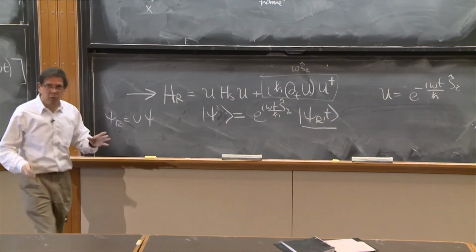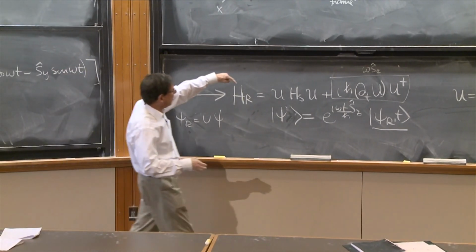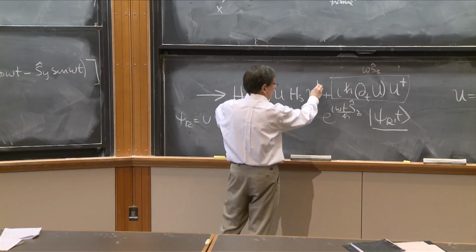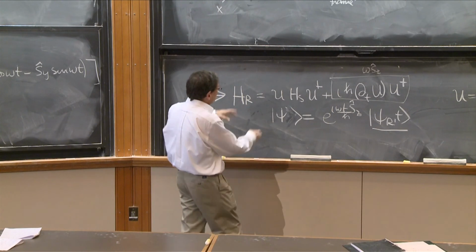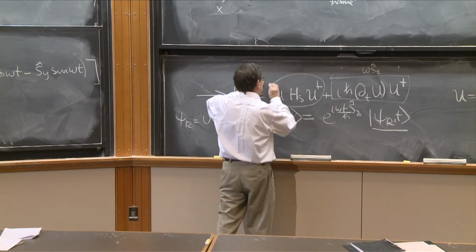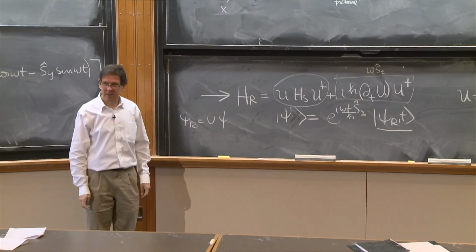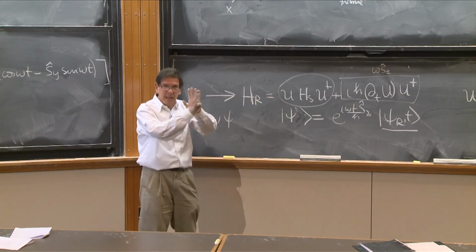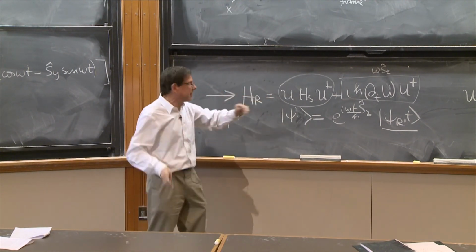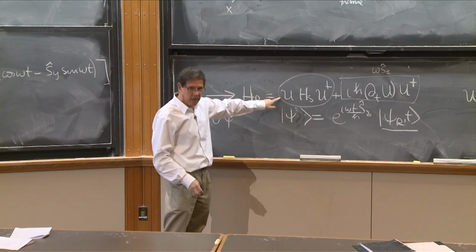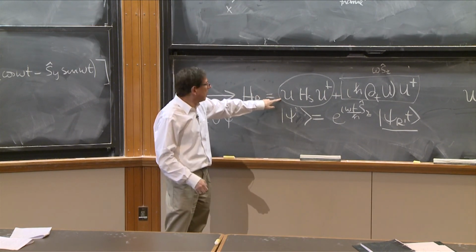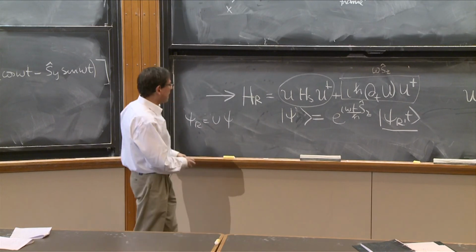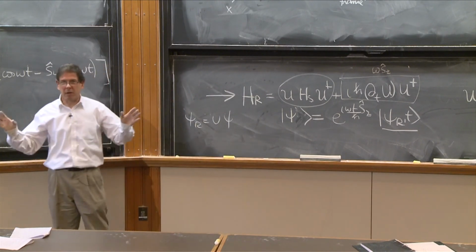And now the crucial point is whether, here I have U dagger, whether this thing is time independent. And this should be time independent if we got our physics right, and that's exactly where we will take on next time, and prove that it's time independent, and then we can solve the complete problem.